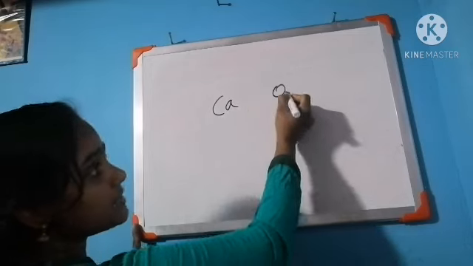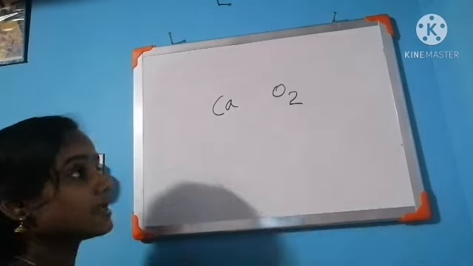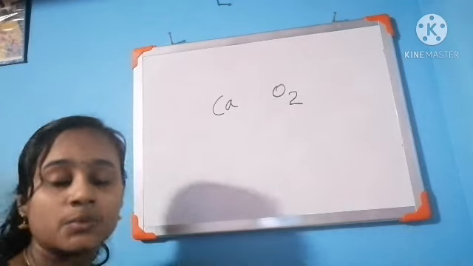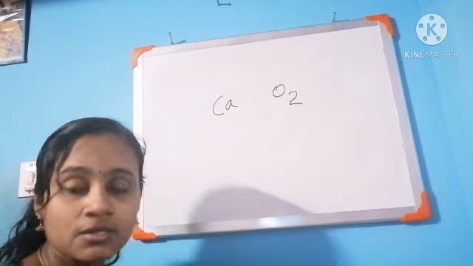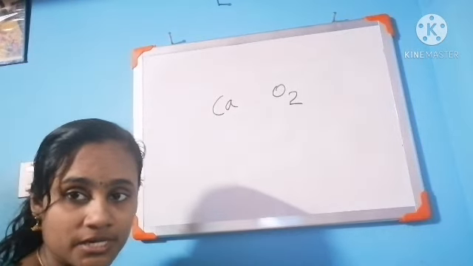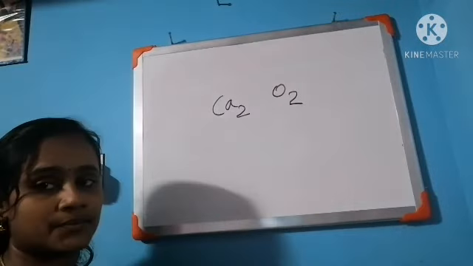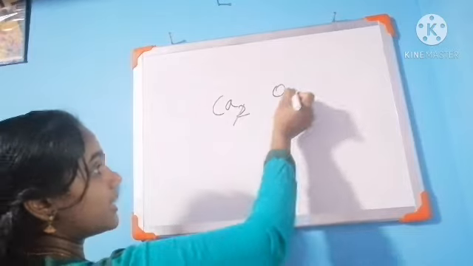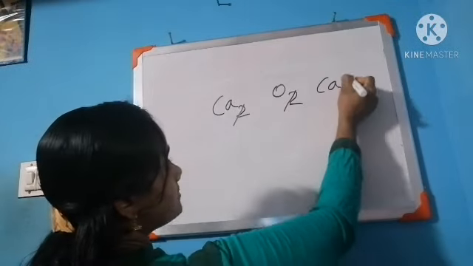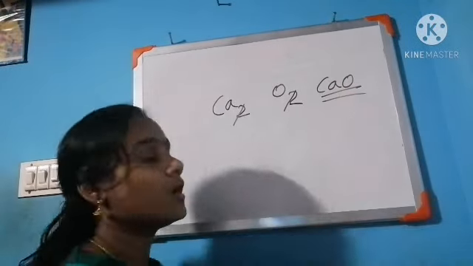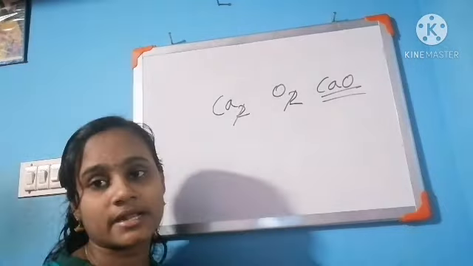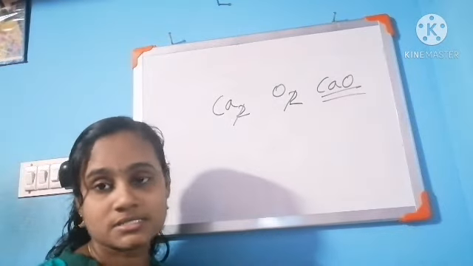We should write under the subscript of oxygen. And what is the valency of oxygen? 2. We should write under the subscript of calcium. So same valency we can cancel. So we will get CaO. So the formula of calcium oxide is CaO. Is it clear now?